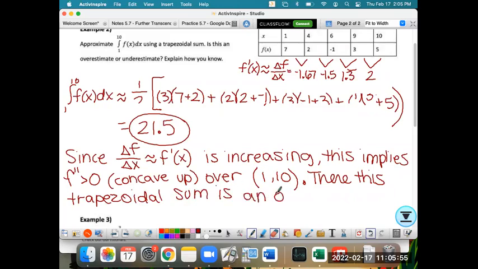And I'm going to box the words that I would be looking for when I'm grading your papers. I definitely want to see you figuring out that this is increasing, but the major things I'm looking for to get most of the points is that you're saying that it's concave up and that it's an overestimate. Those things answer the entire question for sure. Any questions?